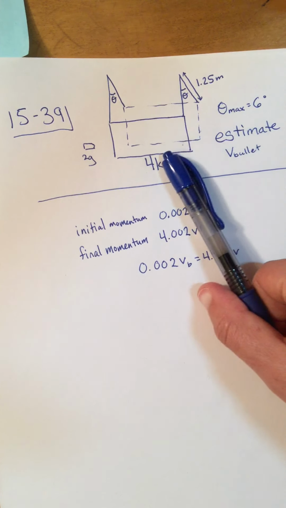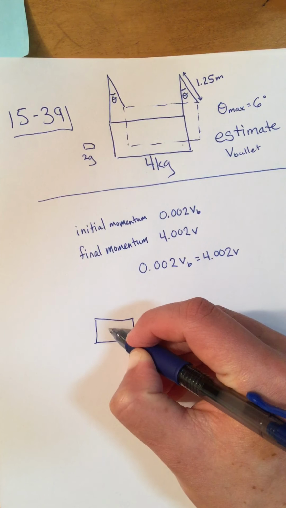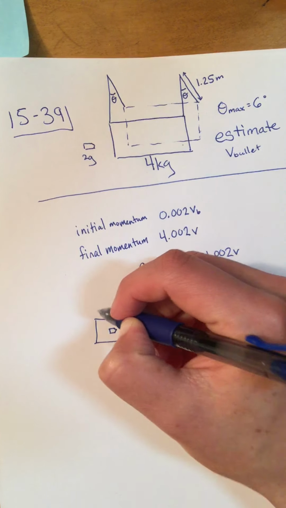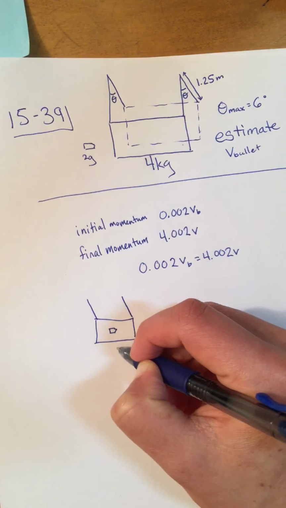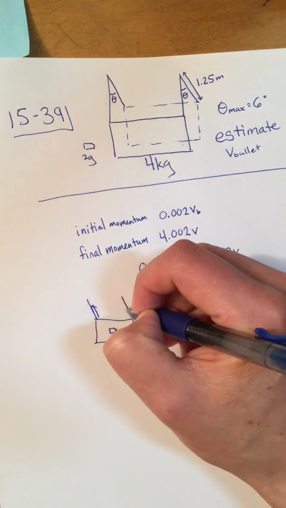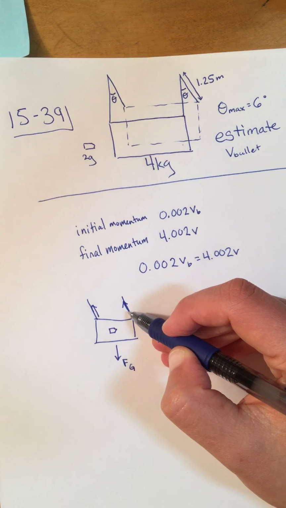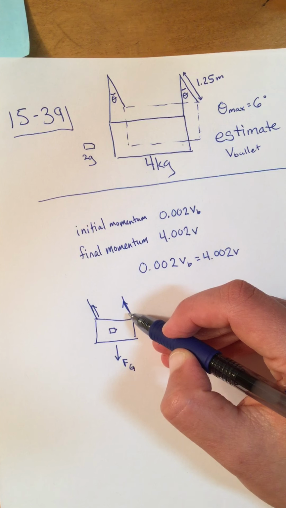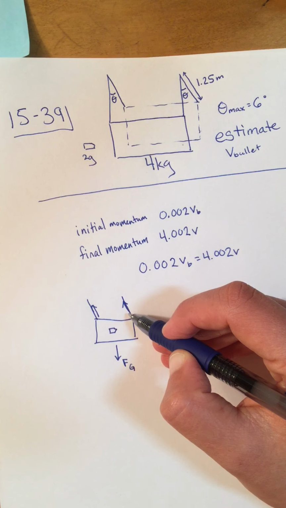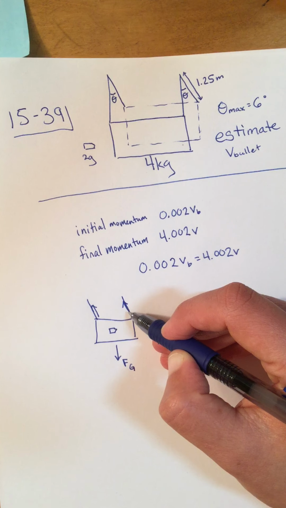The only forces that you have acting on the system of the bullet and the block as they're moving upward together would be the force of gravity acting downwards and the forces in the rope. But the forces in the rope are going to be perpendicular to the direction of motion, just like the normal force is perpendicular to the direction of motion for an object which is sliding on a surface. So these forces in the rope do no work.